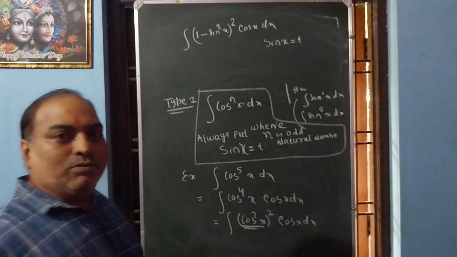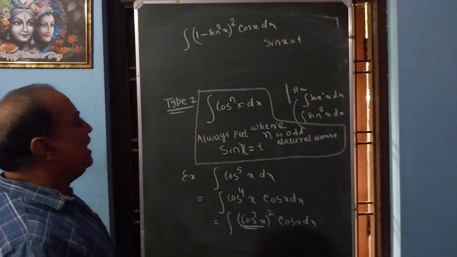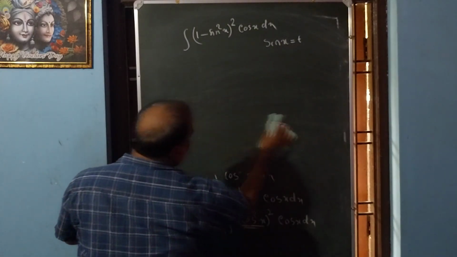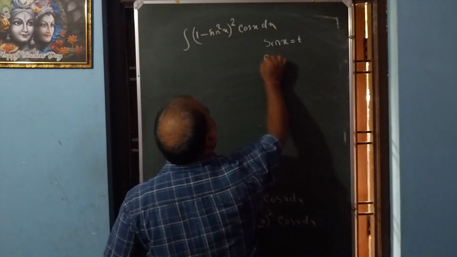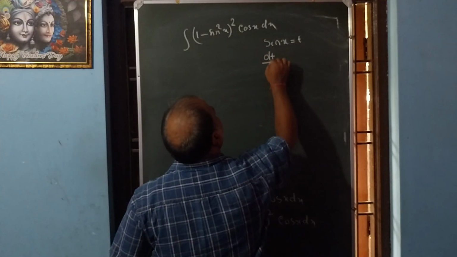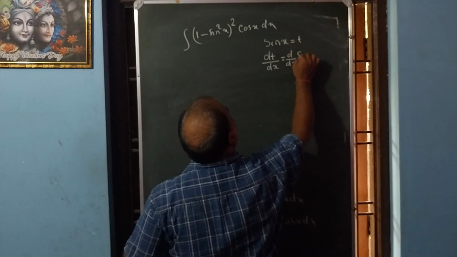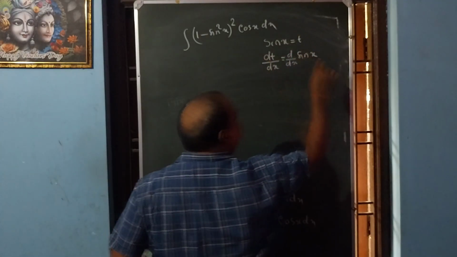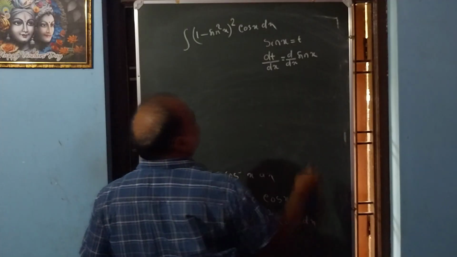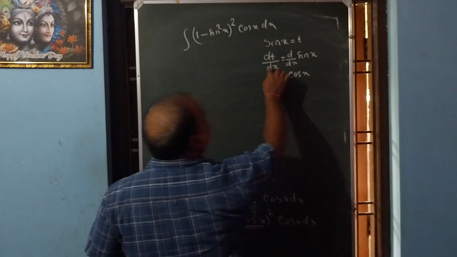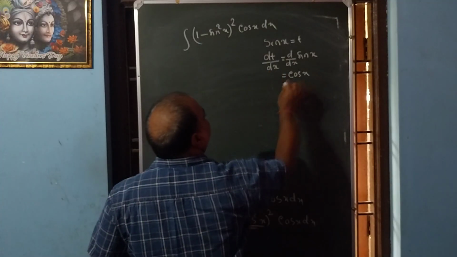Once you put this, you have to differentiate on both sides with respect to x. So we get dt by dx is equal to d by dx of sin x. We know that the derivative of sin x is equal to cos x. So dx is divided here, we take it there, multiply.